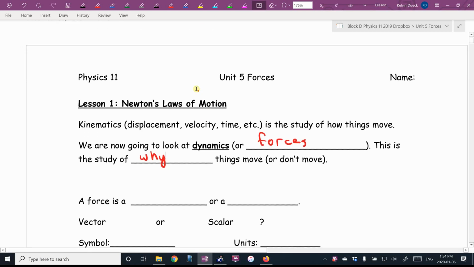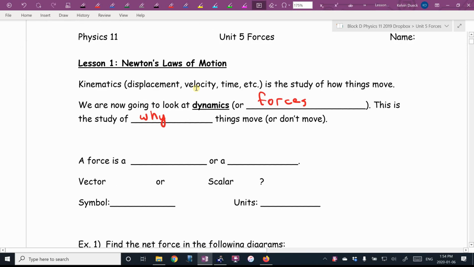This unit 5, the topic is forces, and so I should start out by giving you the definition of a force. This is a bad definition, it's wrong. A physicist would glare at me, but I'm going to give you a definition that will suffice. A force is a push or a pull. No, it's not, says a physicist.